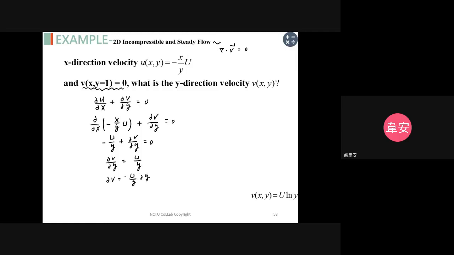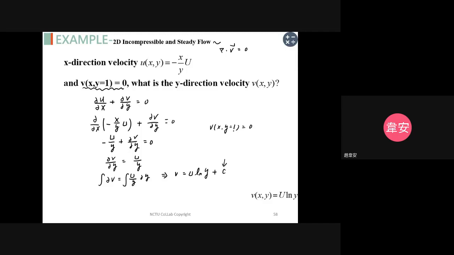With both sides we do the integration. The left-hand side is v, equal to the right-hand side U ln y plus C. Right now we don't know the constant value, but the boundary condition tells us that v at y equal 1 is equal to 0 velocity.